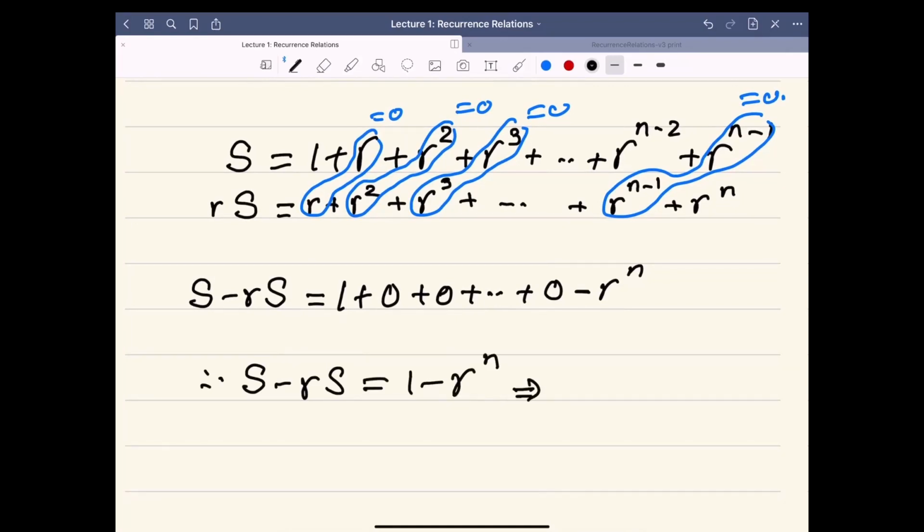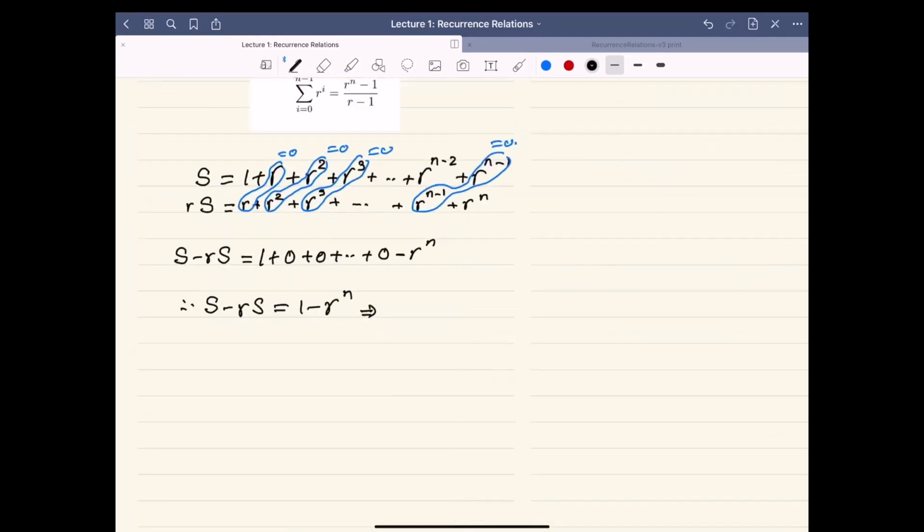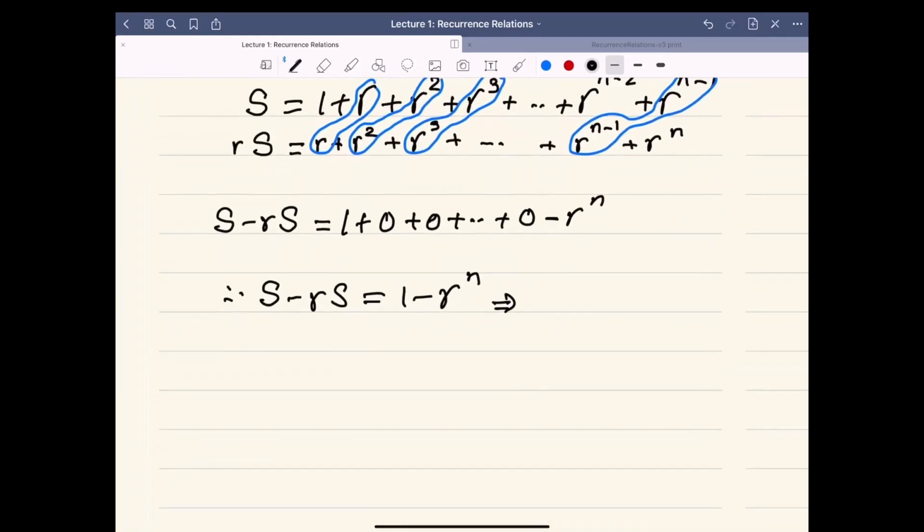Now you arrange it, multiply both sides by a negative number, so we will have rS minus S equal to r to the n minus 1.